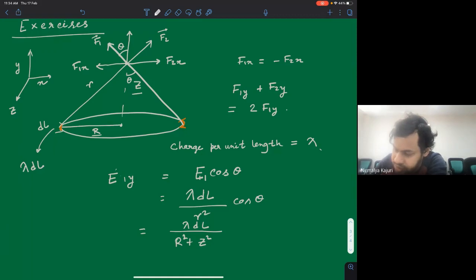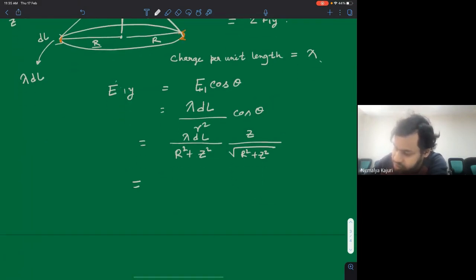And what is cos theta? So this angle is also theta. So this line is z, this line is r. So it is z by square root of r square plus z square.